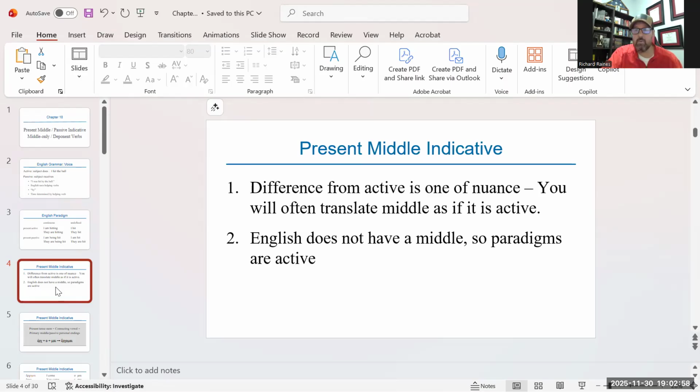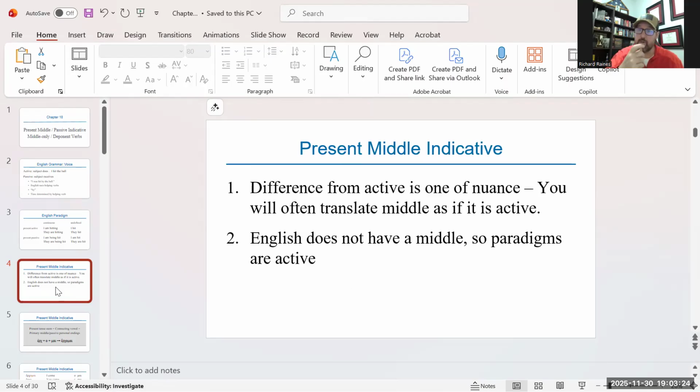And I know that we're just trying to tread water and understand paradigms, and later on next semester we'll get into some of the nuances. But when you encounter the middle voice in Greek, in English you have active and you have passive. I hit or I was hit, right?